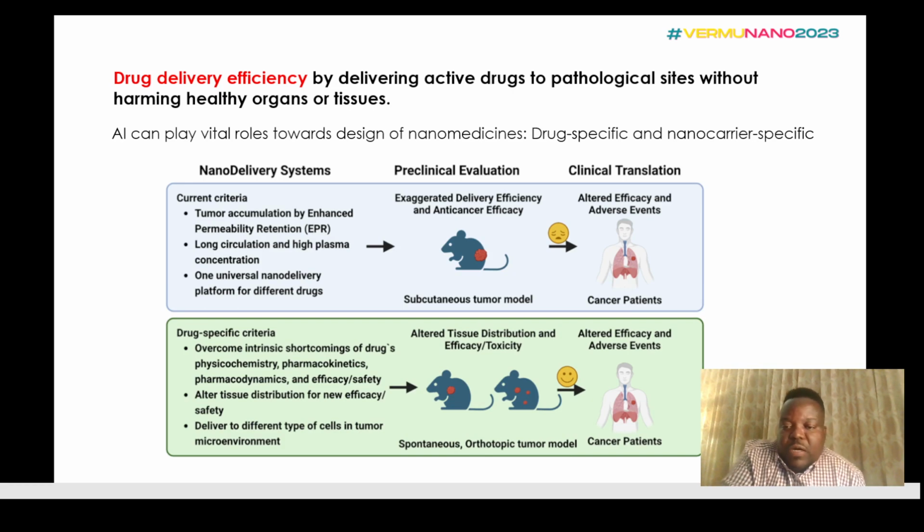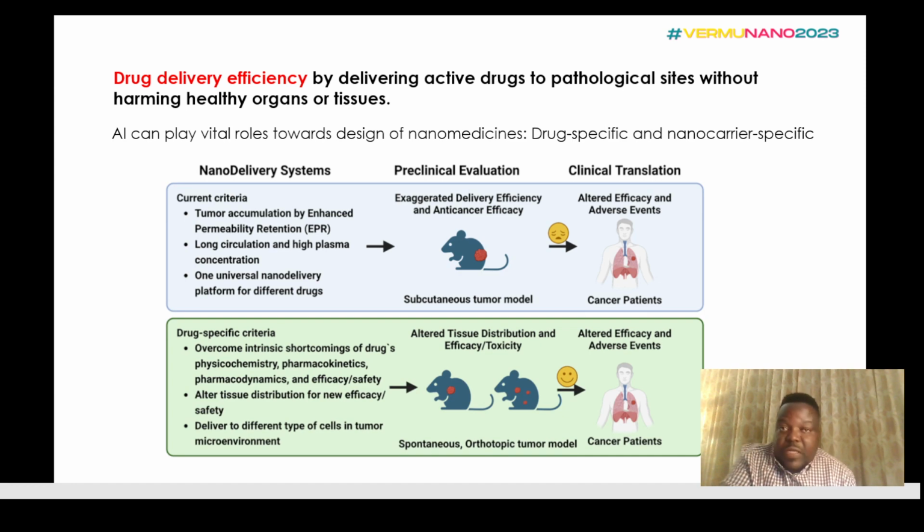And also, some of these approaches are based on nanoparticles, traditionally, conventionally one universal nano delivery platform for delivering different drugs. But this is actually exaggerated, because different types of nanoparticle materials will behave differently in different environments.